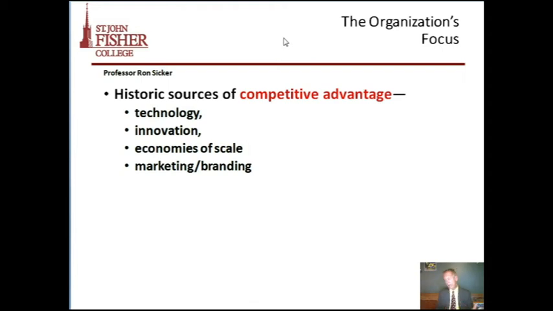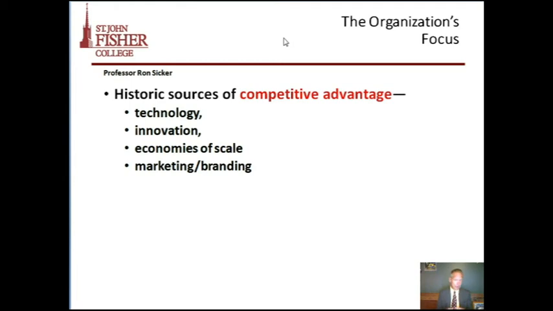That would be Apple or 3M or somebody like that. You could have a competitive advantage in economies of scale: be the largest, be the best out there in order to offer the best price or the best offering. That might be Walmart. And then finally, you could have a competitive advantage in marketing or branding.